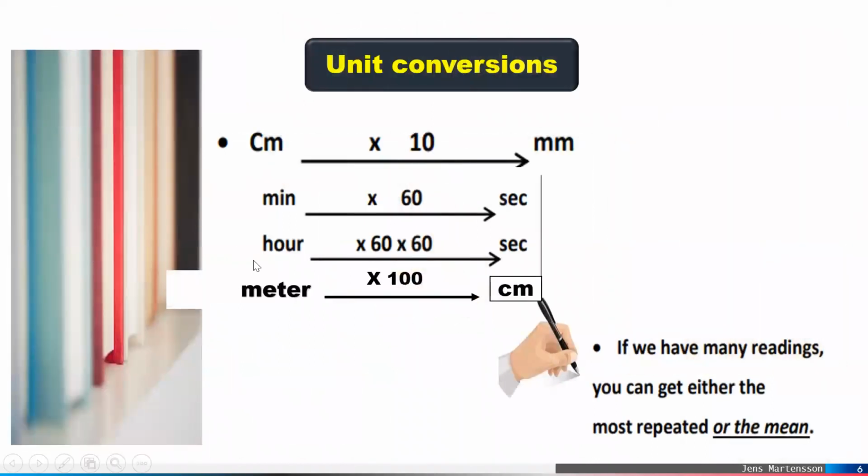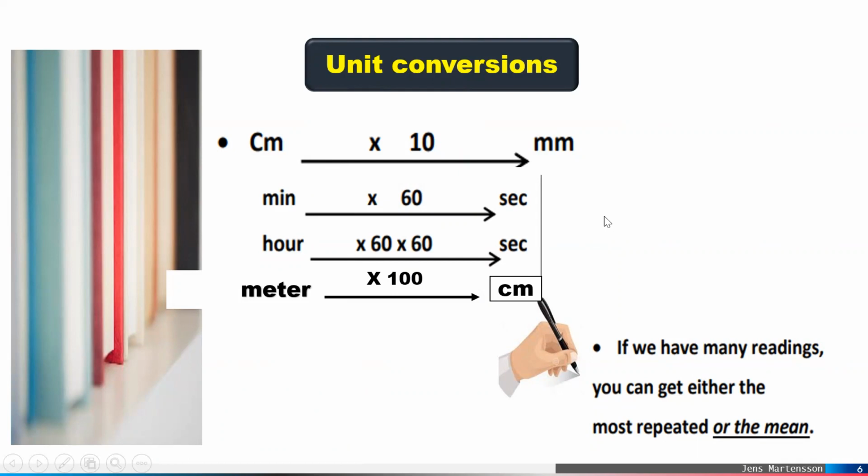Let's quickly revise the unit conversions. To convert from a larger unit to a smaller unit, you need to multiply, and if you need to convert from a smaller to a larger unit, you should divide.